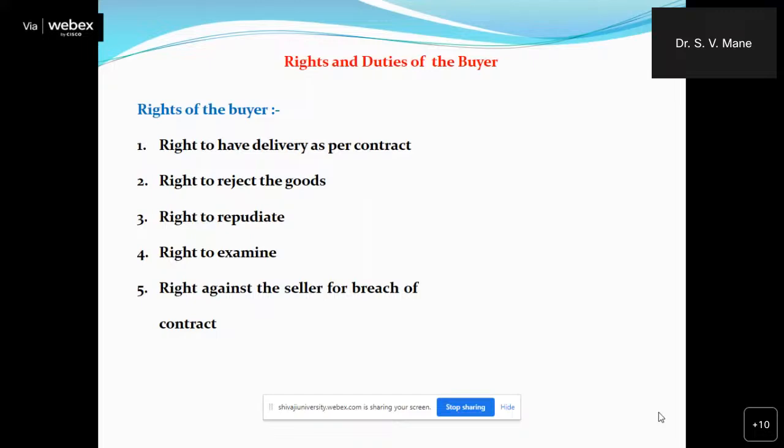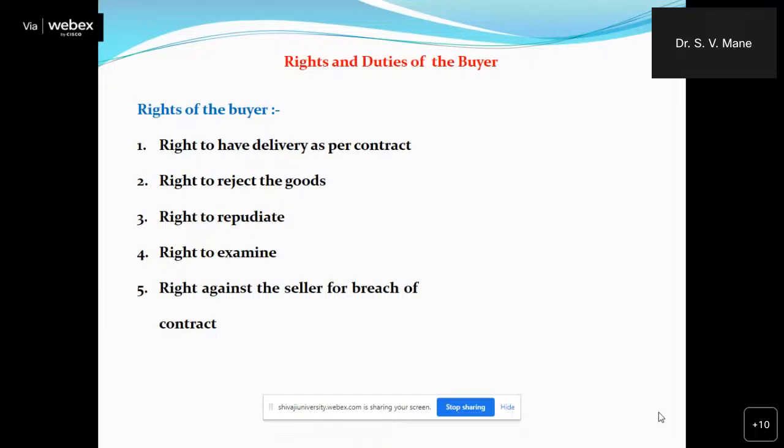Then suit for interest in a contract of sale. If the seller has committed breach of contract, then the seller is bound to refund the price to the buyer. In such a case, the buyer has a right to claim interest on the price refunded by the seller, from the date on which the payment was made.